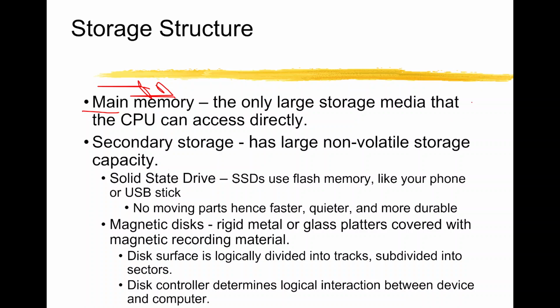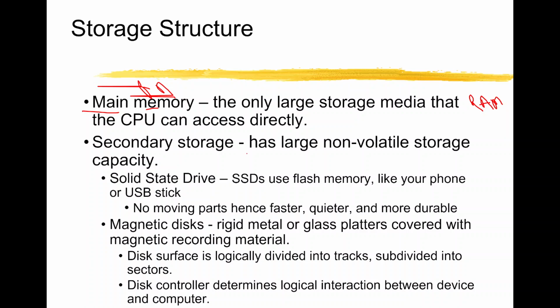RAM, random access memory, is the only large storage media that the CPU can access directly. That's why it's called primary or main memory.